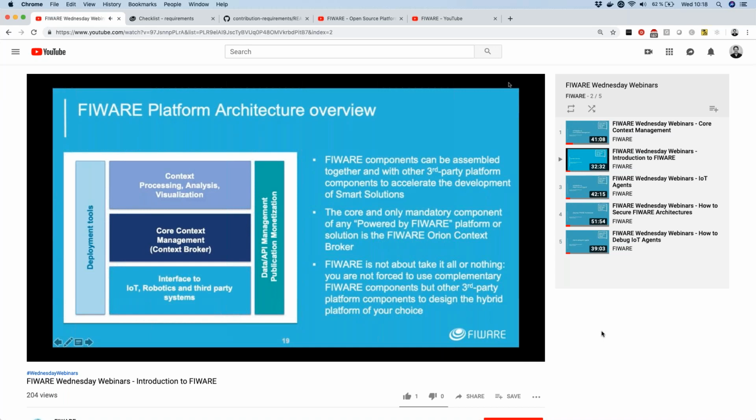And it's much easier to say you've got context management in the middle, which is the one thing which we are fundamentally about. And on top of that, you can process the data, and below that, you can retrieve the data. So you've got these three layers which are fundamental to any system.